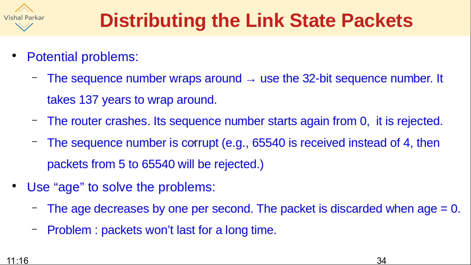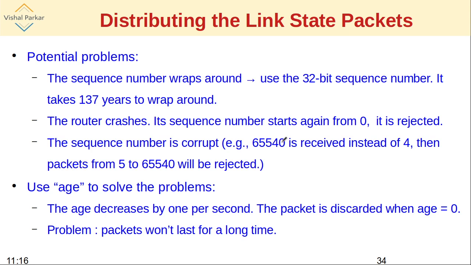We have seen initially that the packet value may change due to some noise in the network. For example, the initial sequence number which was 4 is now changed to 65540.